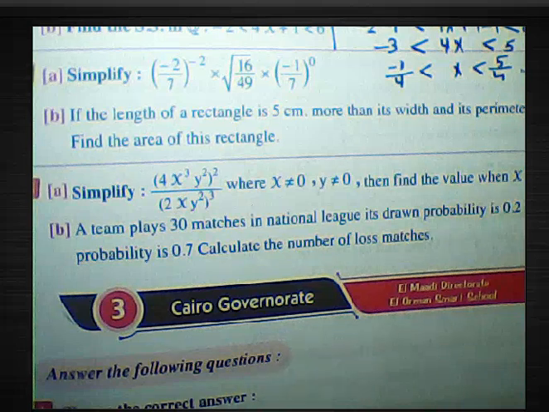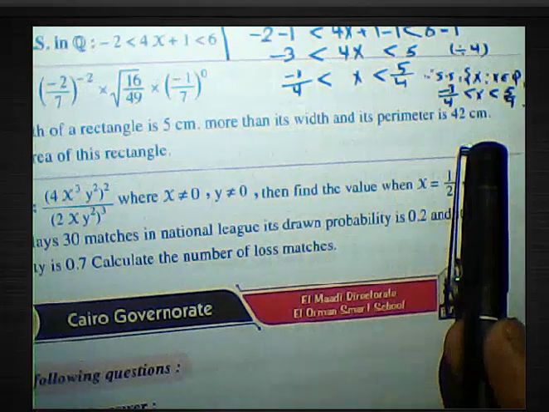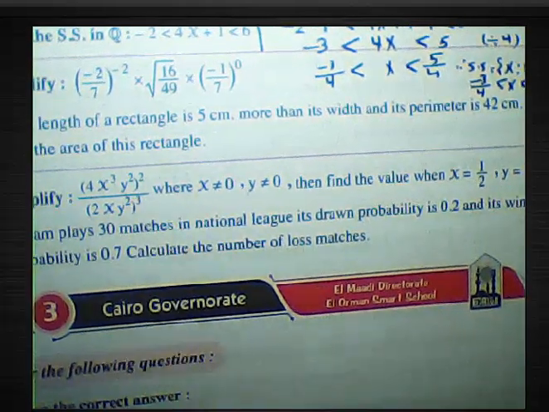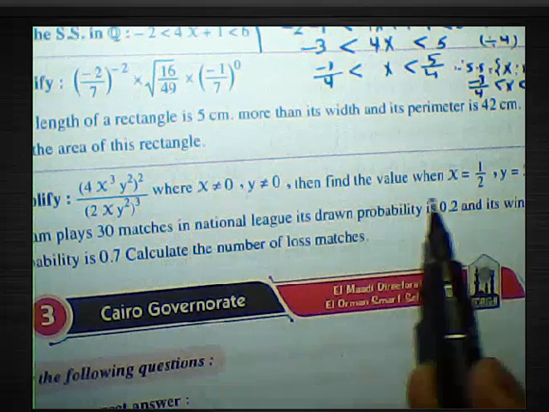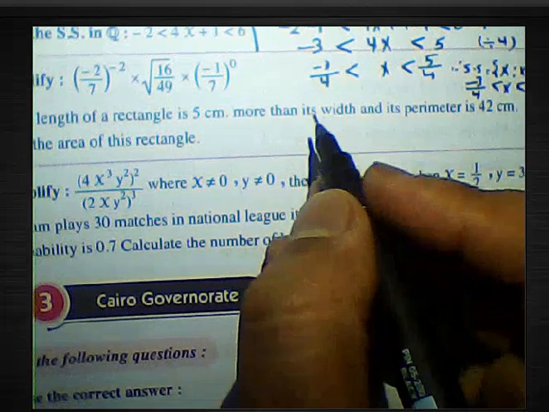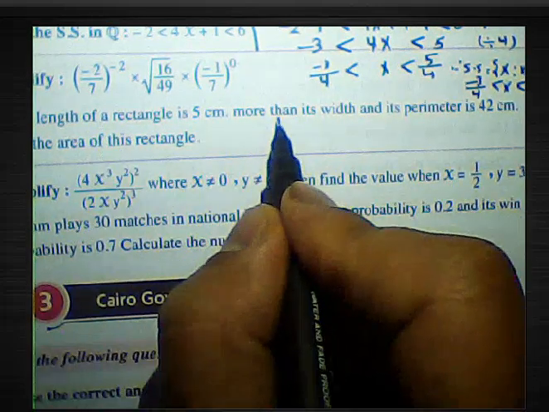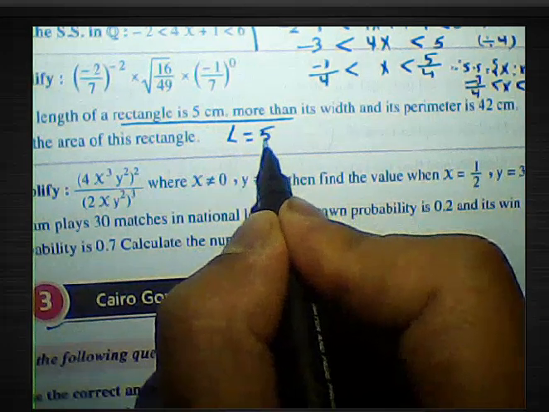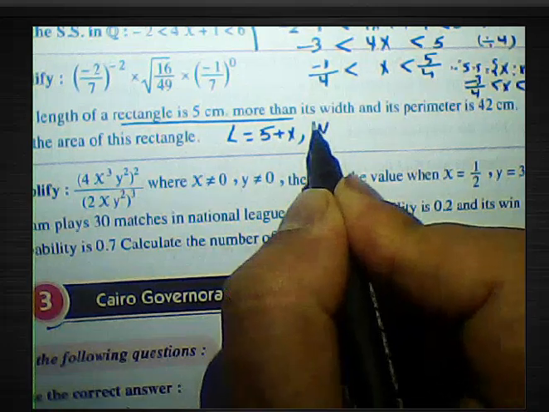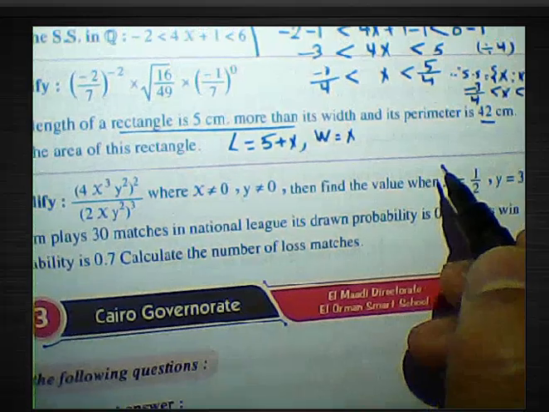If the length of a rectangle is 5 centimeters more than its width and its perimeter is 42 centimeters, find the area of the rectangle. He gives us the length of the rectangle as 5 centimeters more than its width. Put the length of this rectangle as 5 plus x, and the width will be x, and its perimeter is 42 centimeters.